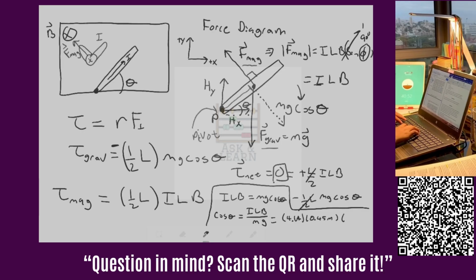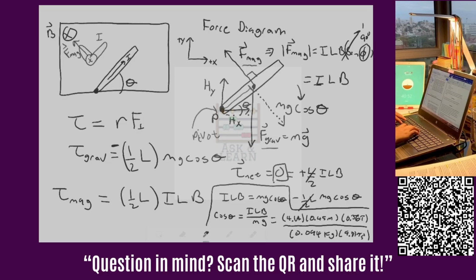The magnetic field is 0.36 teslas. And we're going to divide that all by the mass of this rod, 0.094 kilograms, and multiply that by 9.81 meters per second squared.